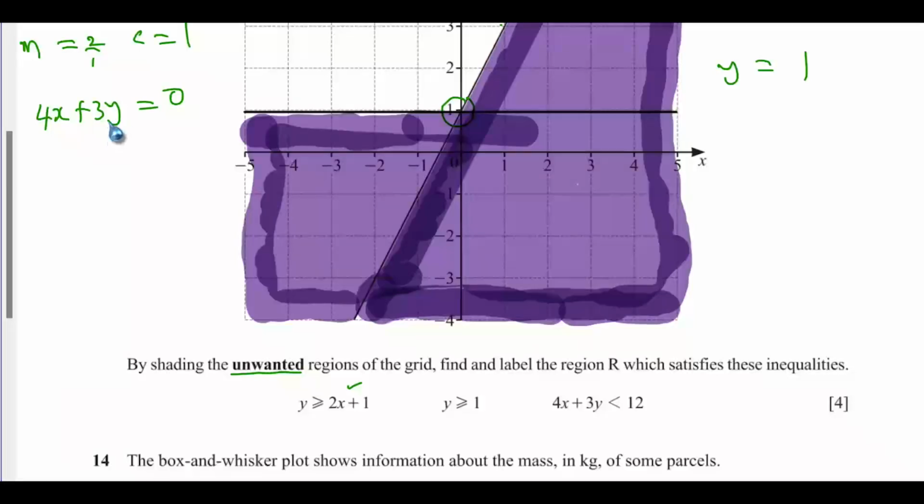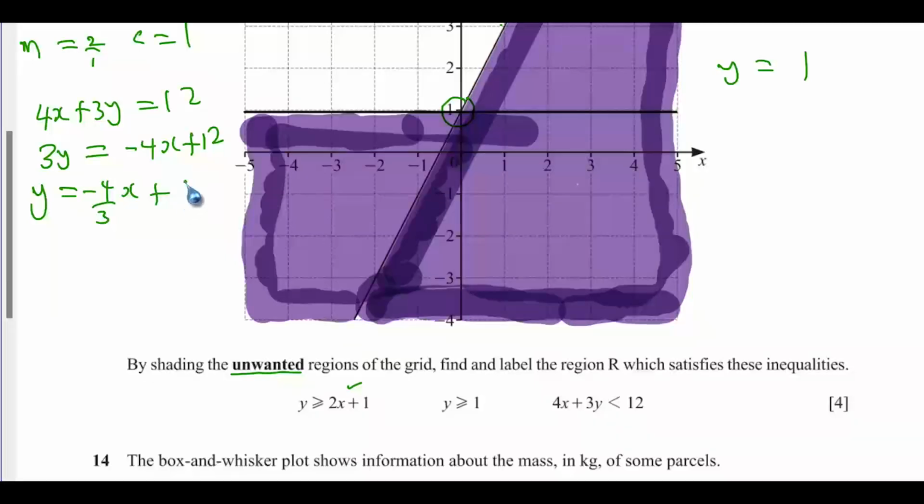If we rearrange this, we get 3y equals to minus 4x plus 12. From here we divide both sides by 3 so that y can stand alone. So y equals to minus 4 over 3 x plus 12 divided by 3.